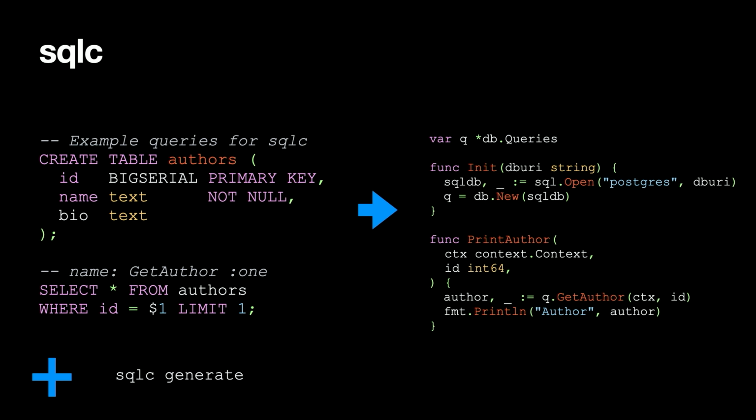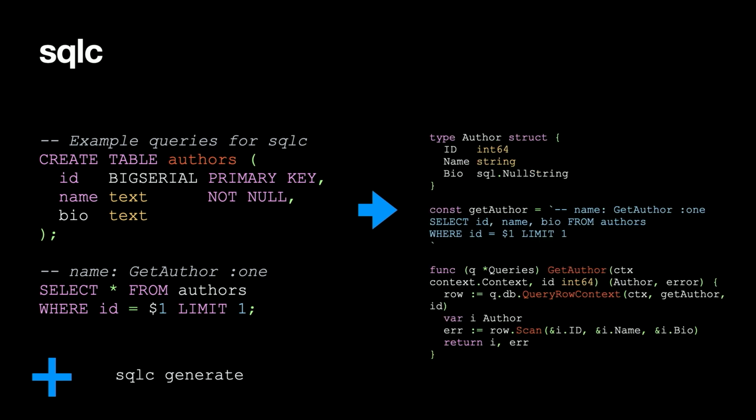So if you take a look down at the code to actually call getAuthor, you're just passing in a context and an ID, and it's running that query for you without all of the ceremony that I'll show you in the next slide that you typically have to do, which is around querying that row out and scanning it into the individually named columns. Anyways, we use SQL-C all the time at ngrok, and it has made working with the databases tremendously easier.